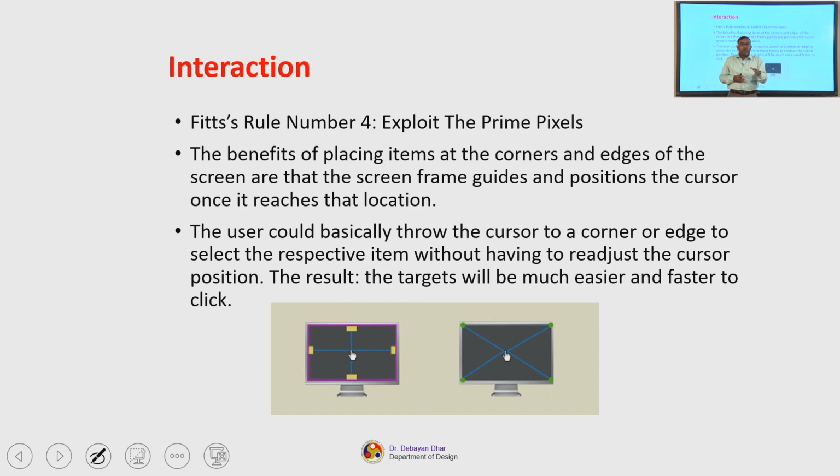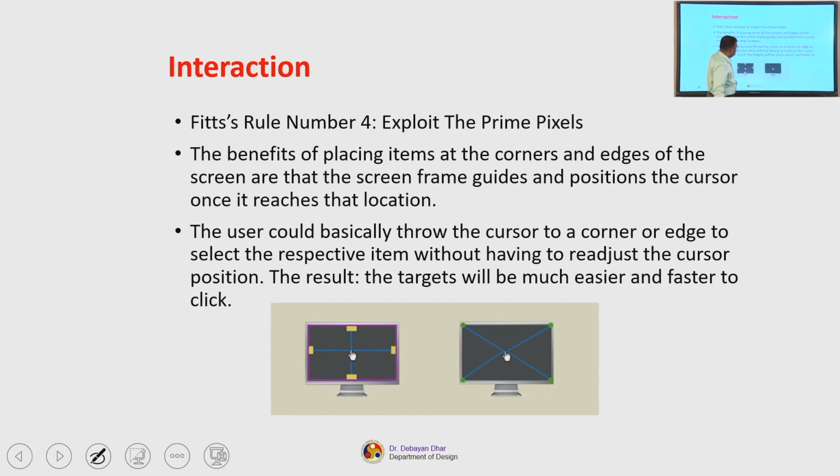The user could basically throw the cursor to any corner. So, if you have the cursor, just throw it in any corner or edge to select the respective item without having to readjust the cursor position. The result, the targets will be much easier and faster to click.